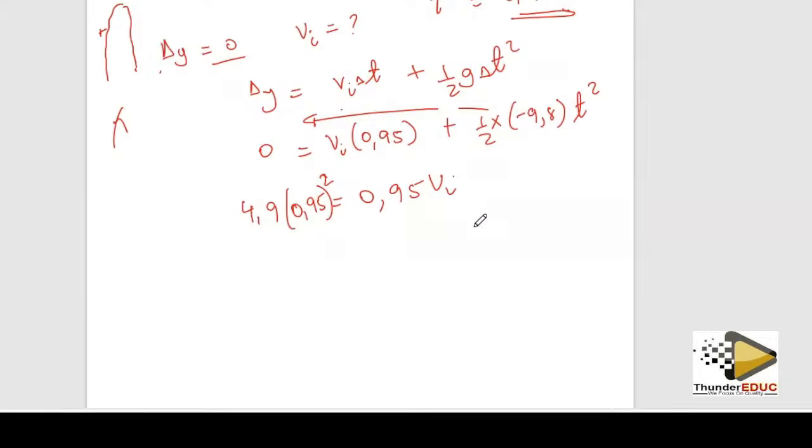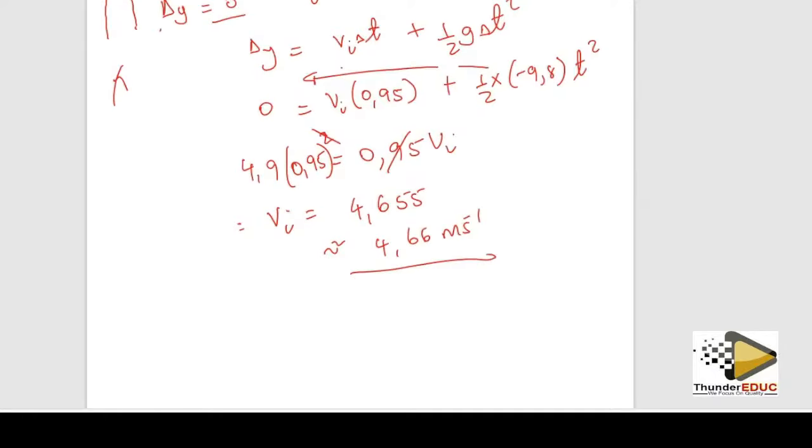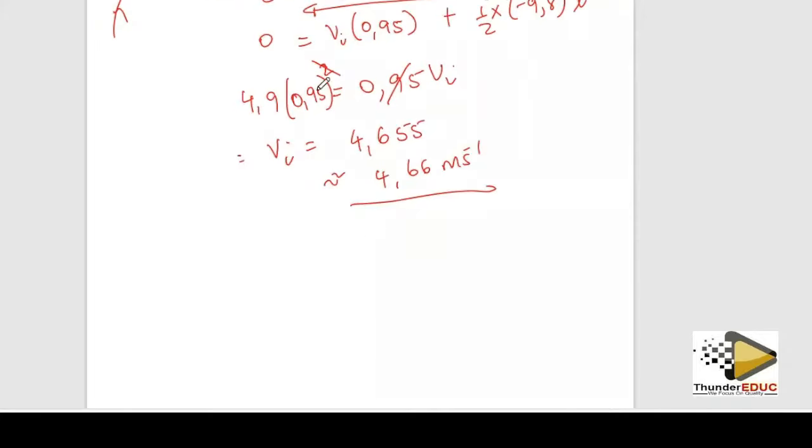I can just cancel one of these, so that I have my v initial as 4.655, which is approximately 4.66 meters per second. Okay, so that is that. Or if not, simplify this whole thing with the square and then divide by 0.95. You get the same thing.